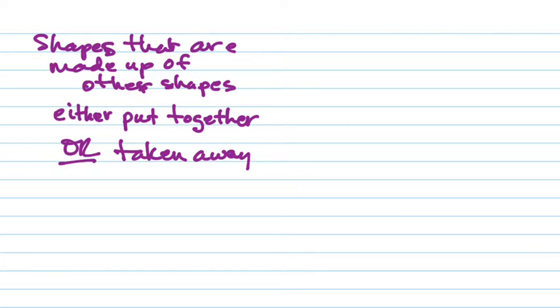So for example, you may have a shape that has a triangle cut out of it, right? What I need to think of is, can I make this up of a bunch of shapes that I added together, or were a bunch of pieces cut away? Now, they will only use the types of shapes that we already have talked about the formulas for. So squares, rectangles, triangles.